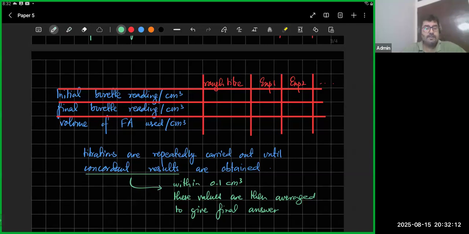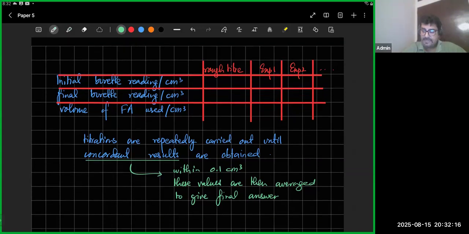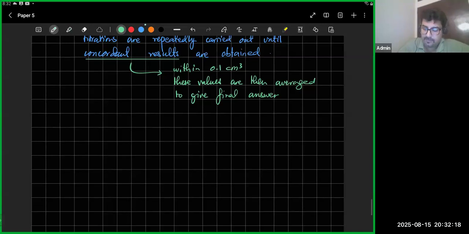What's more important is there's stuff that you need to know. First thing is how do you clean a burette? Number one: how to clean or prepare a burette.